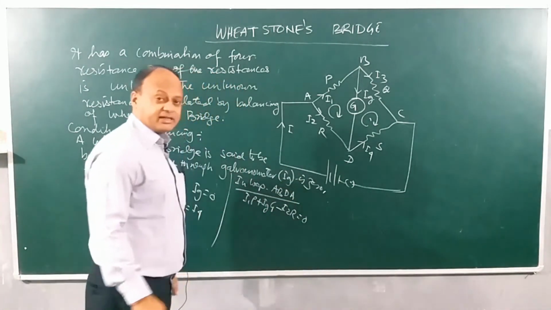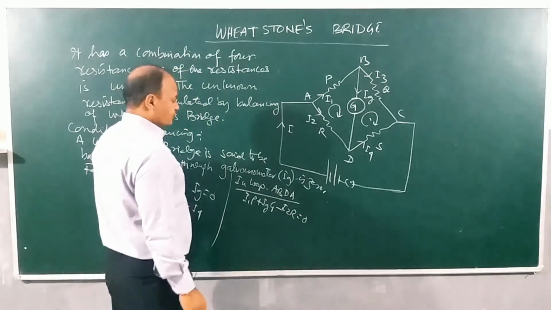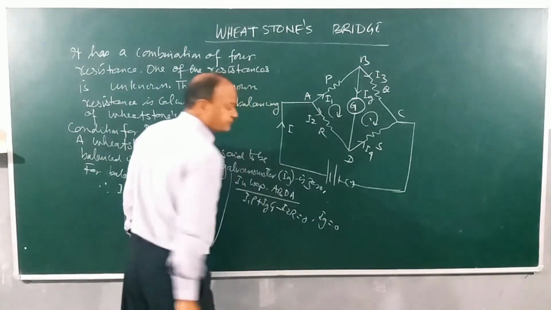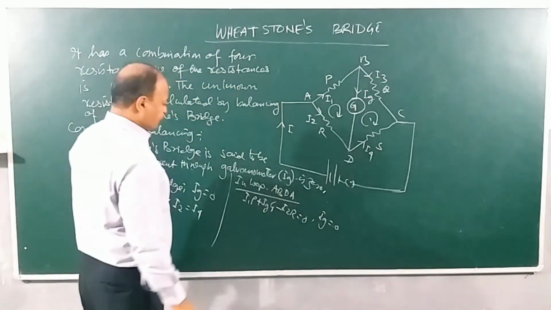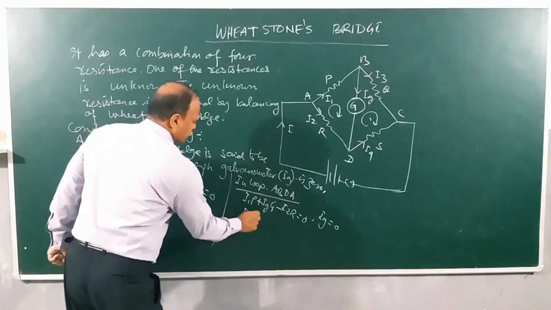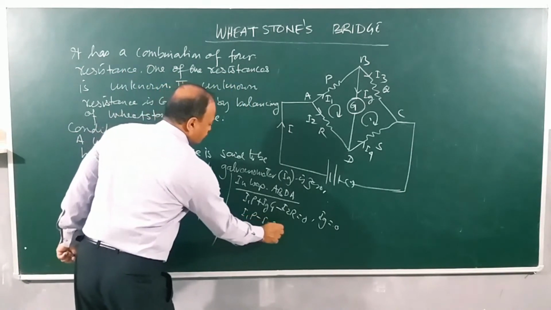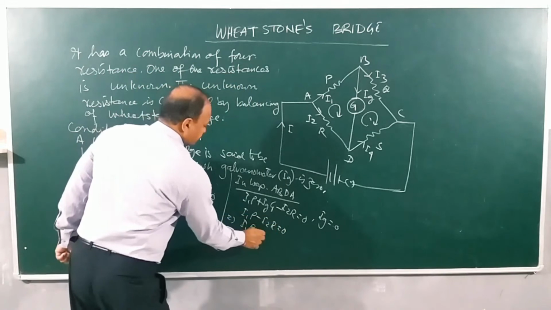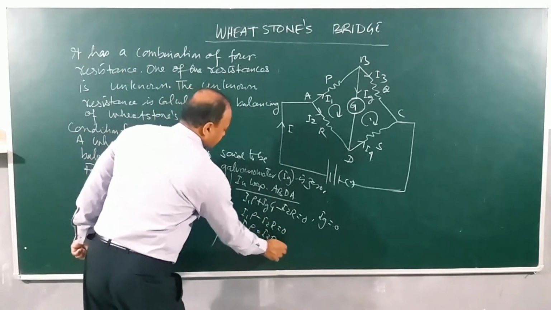There is no battery connected. But Ig for balanced bridge is 0. So if I put 0, then we get I1P minus I2R is equal to 0. So I1P is equal to I2R. I'll say this is equation 1.